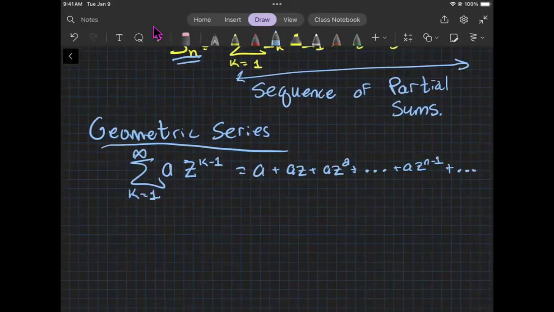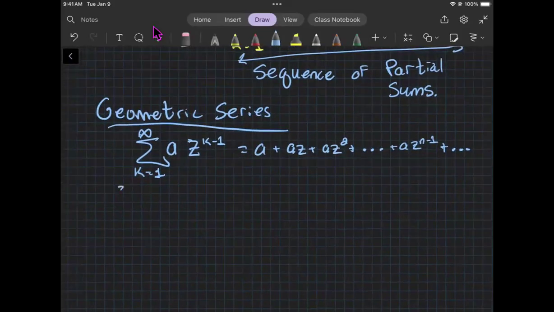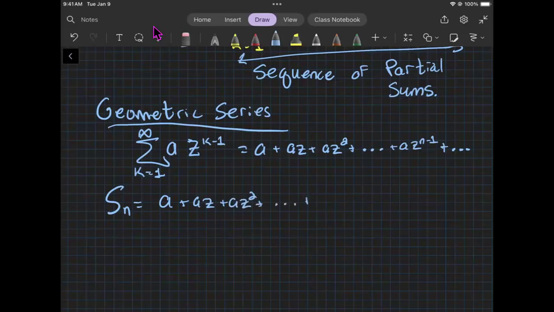To figure out where a geometric series converges, let's suppose we define the sequence of partial sums as a plus az plus az squared on up to the nth term, which is a times z^(n-1). Okay.